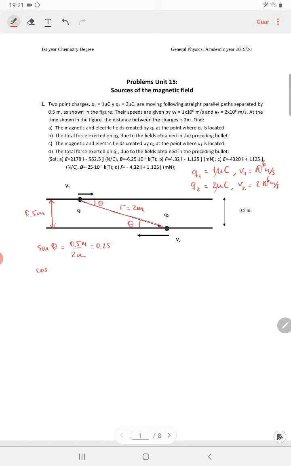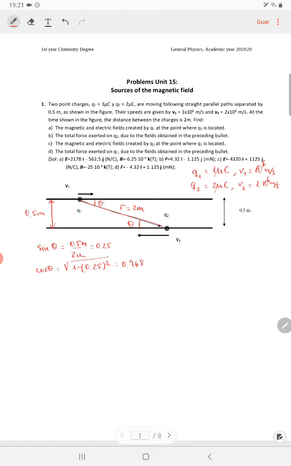So the cosine of theta is going to be the square root of 1 minus the square of the sin, which is 0.25 squared, which is 0.968.